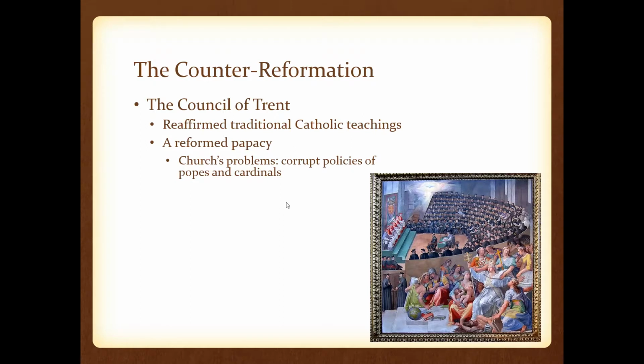So basically, what the Council of Trent says is that the Pope talks directly to God, but the Pope hasn't been listening to God. They have corrupt policies of popes and cardinals. There are several ex-popes that are actually excommunicated throughout this. And so basically, they're saying now that we have changed this, the Pope is now infallible.